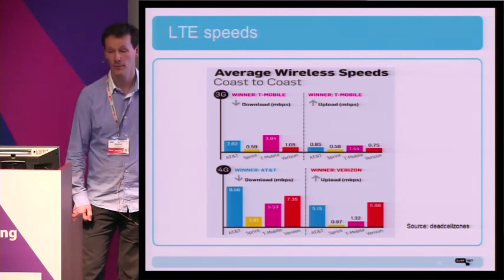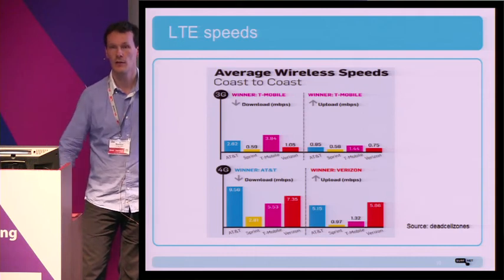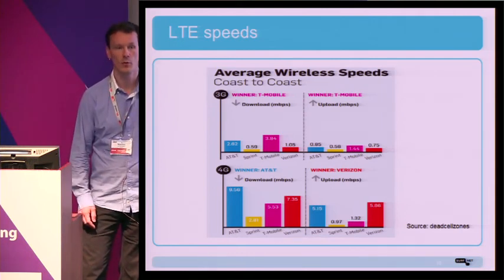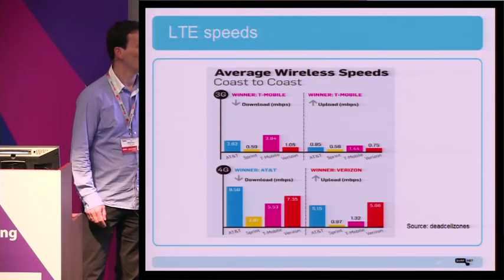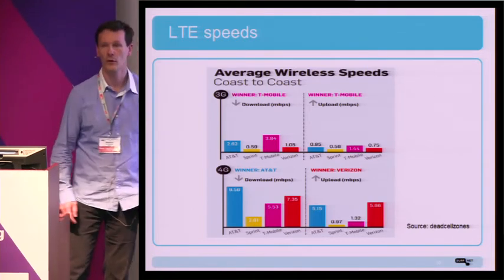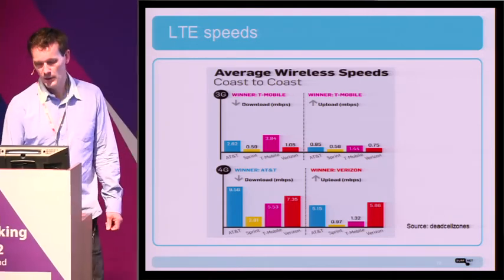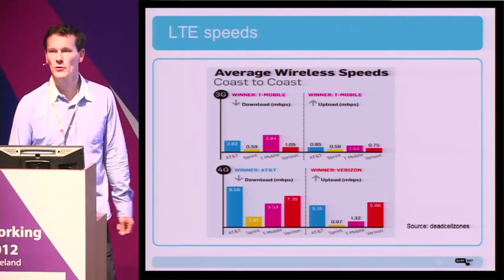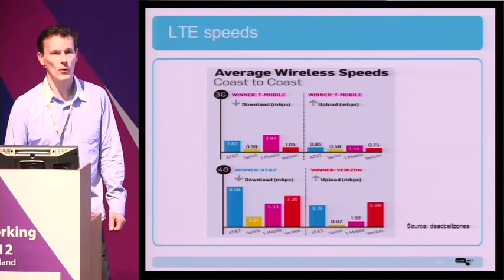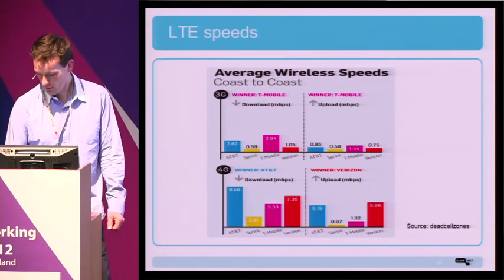But with LTE Advanced, that's the next step, it will be even much more. But if you share, of course, the medium, then it will be around this, which is currently measured in the United States. So that means actually that it's not the same as Wi-Fi, but it's coming more close, and that means it could be an opportunity.